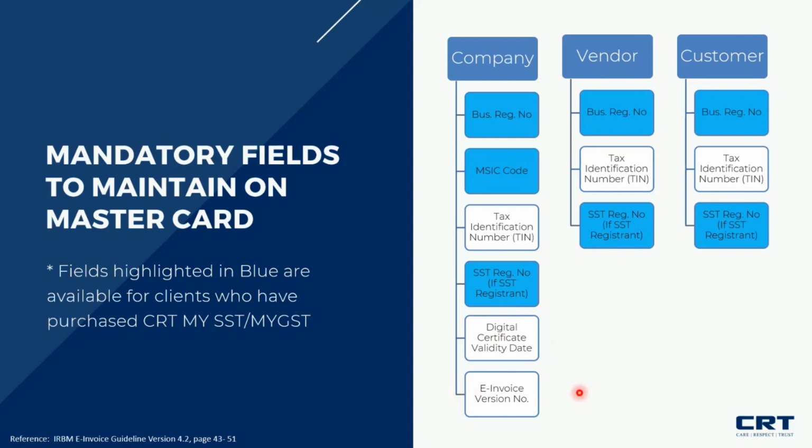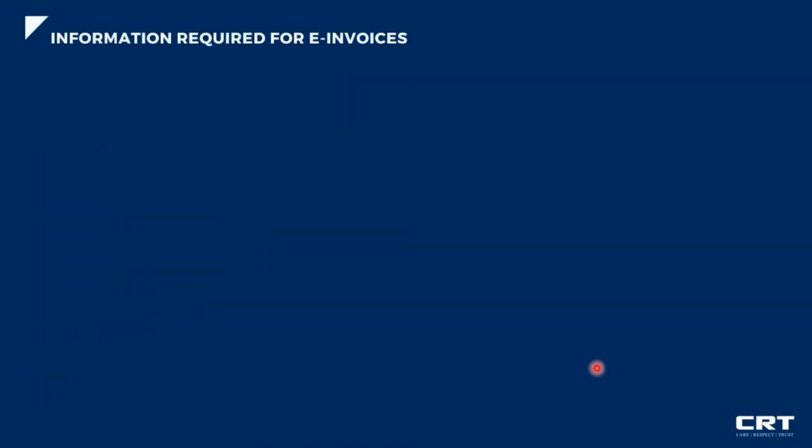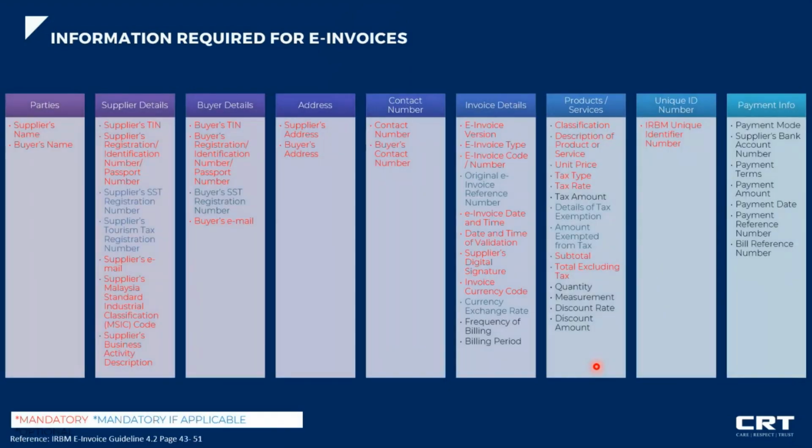And the e-invoice version is a one-time setup, so no need to worry too much. This will be the 50 overviews that are required from the government. We have added these fields on the related pages, so you can just follow our steps to complete all this setup later in the training.